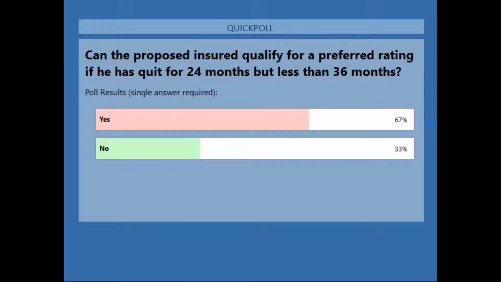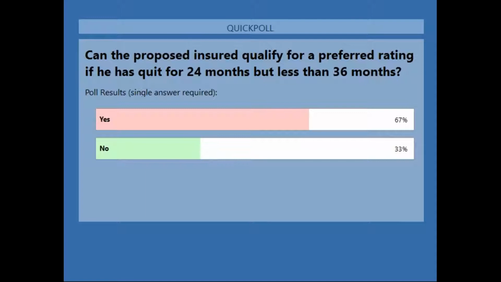The greater majority of you, 67%, think that a person can qualify for a preferred rating if they've quit for 24 or 25 months. Actually, the answer is no, they can't. 33% of you said no, they can't, and you are correct.